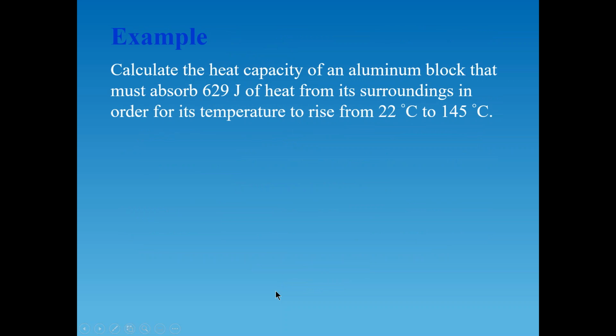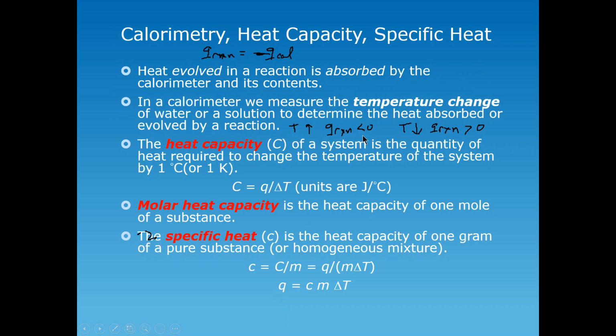Which is given by this relationship right here. Q is equal to C times M times delta T, where C is given in joules per gram degree Celsius. In fact, let me write that down here.